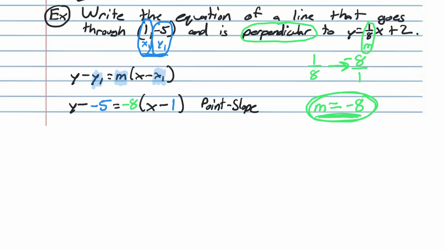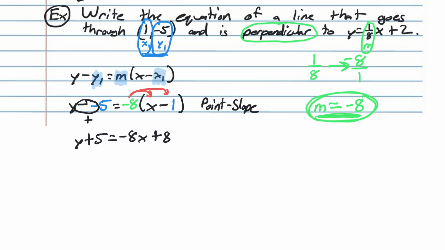Now let's change it to slope intercept. Let's take that -8 and multiply it across. We can also take care of this double negative right here, where double negatives make a positive. So we have y plus 5, and then -8 times x is -8x, and -8 times -1, the negatives cancel, and 8 times 1 gives us +8.